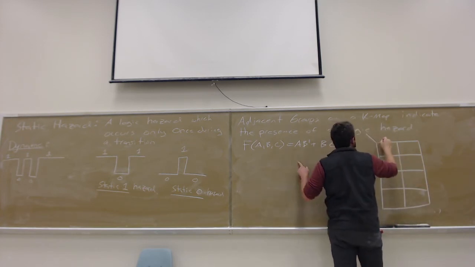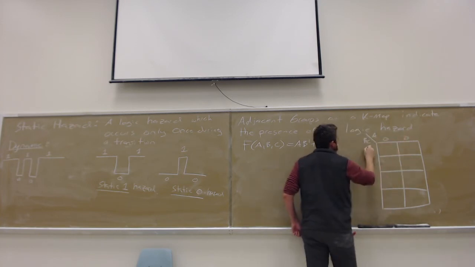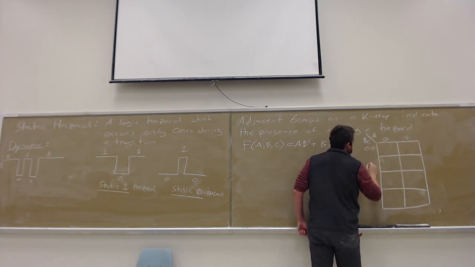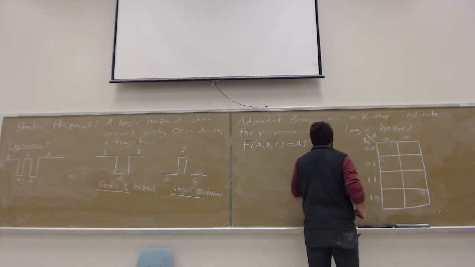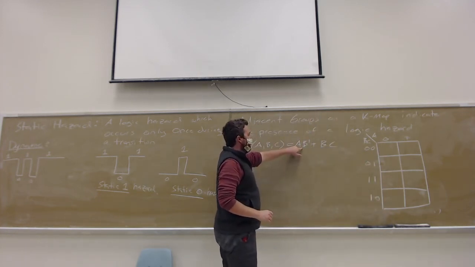So we've got A over here, B and C: 0, 0, 0, 0, 0, 1, 0, 0, 0, 1, 1, 1, 1, 0. All right, so where's A and B prime going to go?